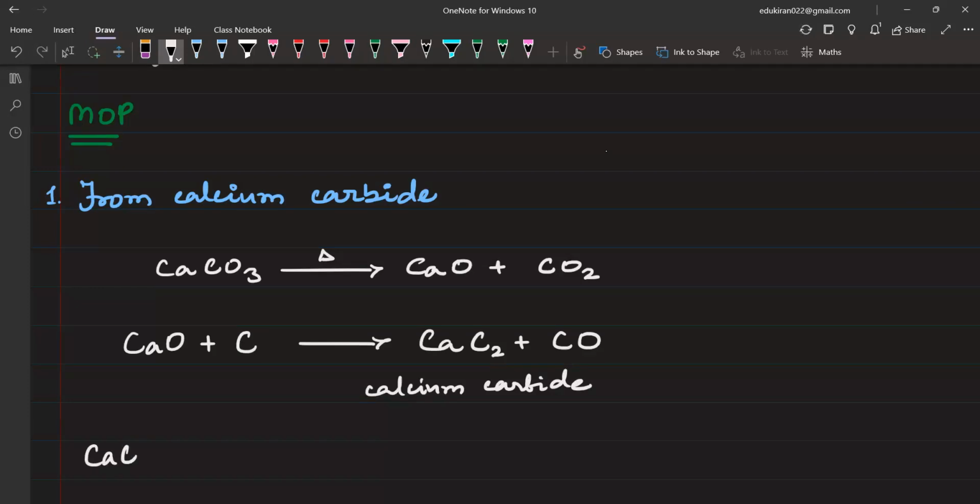Now, calcium carbide reacts with water and it gives ethyne, that is C2H2, plus calcium hydroxide.